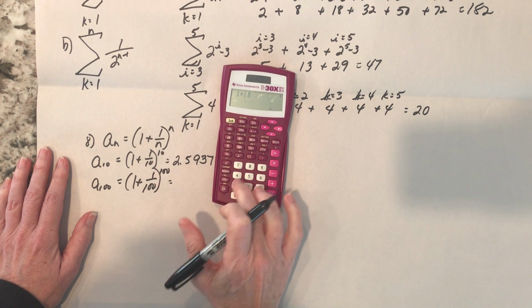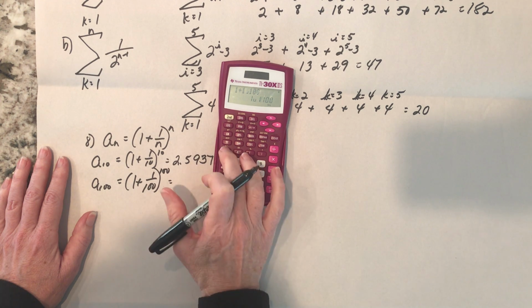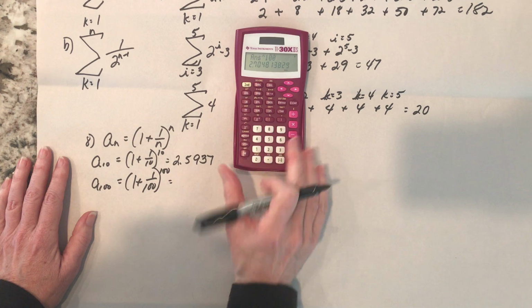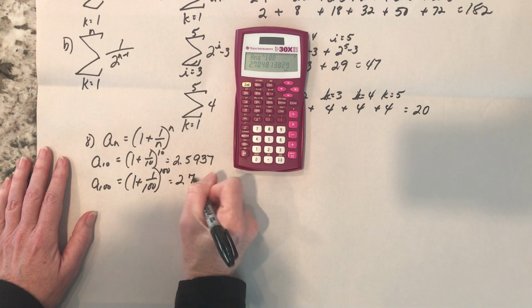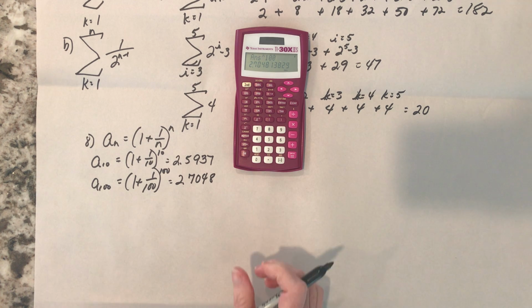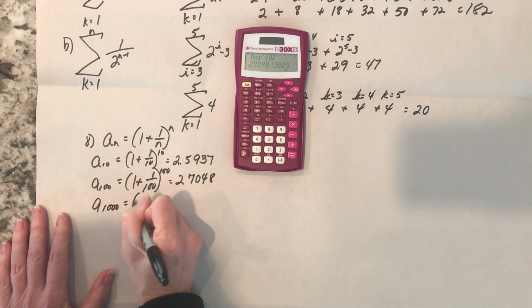1 plus 1 over 100 equals, we're going to raise that to the 100th power, and we're getting 2.7048, 4 digits out. Let's look at A sub 1,000.